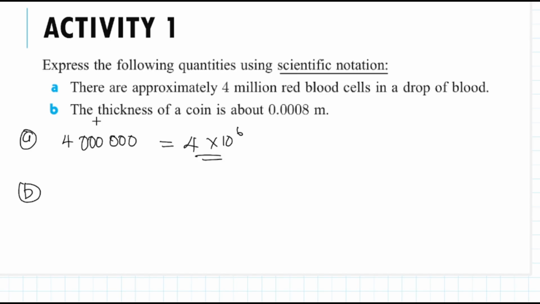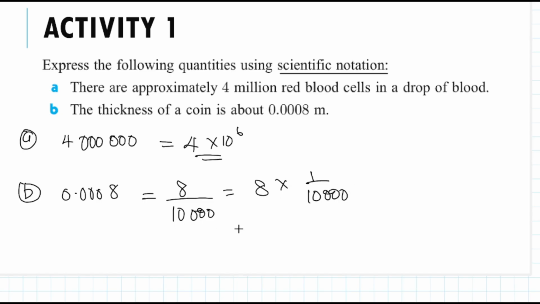B. The thickness of a coin is about 0.008 meter. So we write out what we have, 0.008, in standard form. You know that 0.008 is the same thing as 8 over 10,000, which is 8 times 1 over 10,000. 10,000 is equal to 10 raised to power 4.